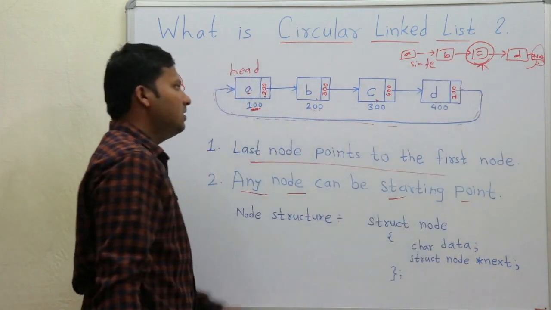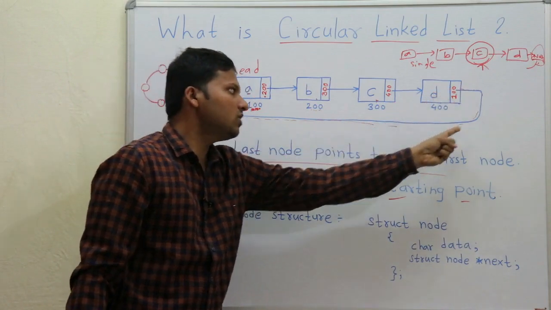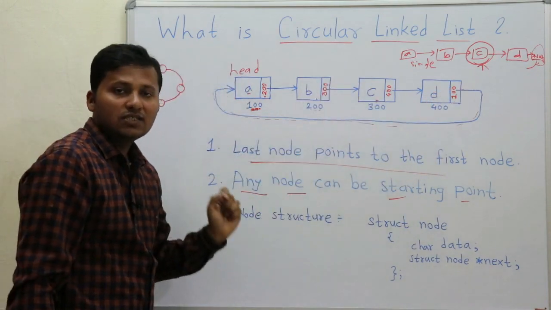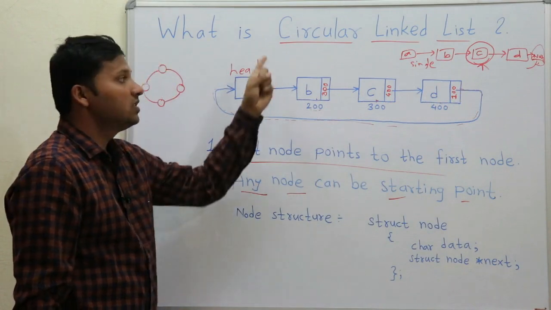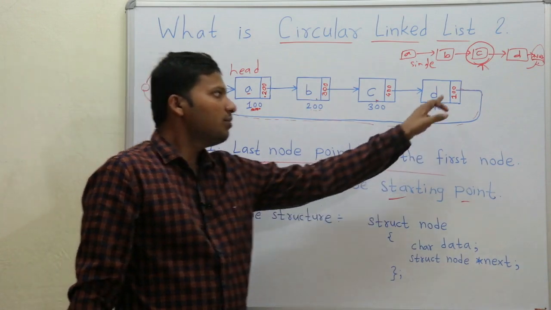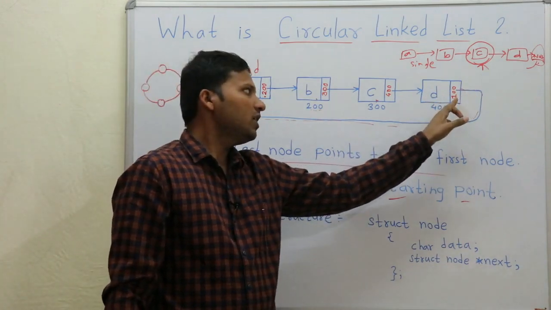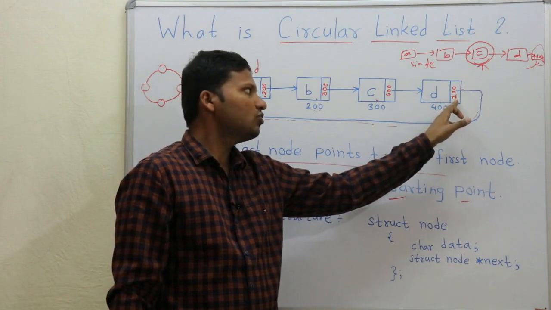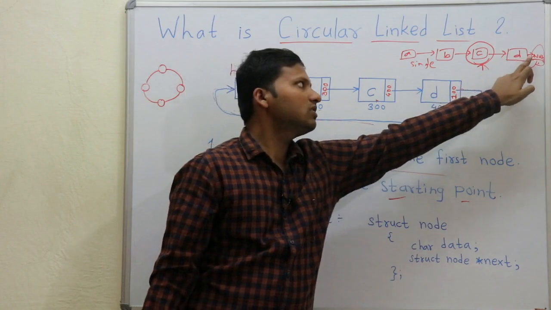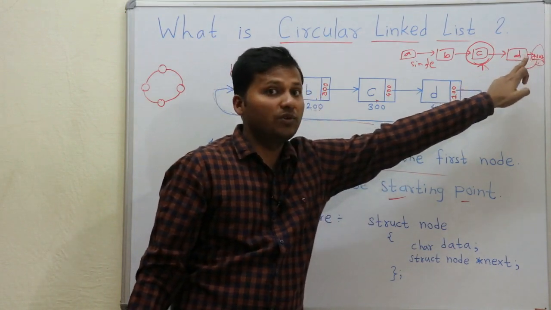But in a circular linked list you are allowed to trace the whole linked list starting from any node. This is one of the advantages of a circular linked list. And also the memory field is utilized, because the memory field of the last node goes waste in a singly linked list, because the next pointer is null for the last node.